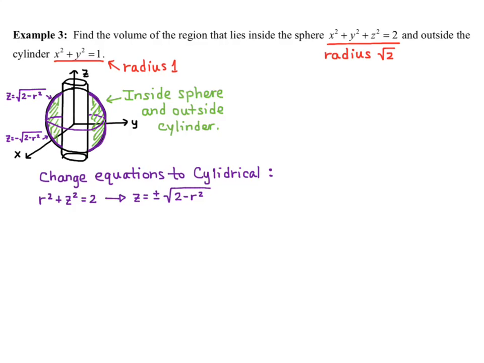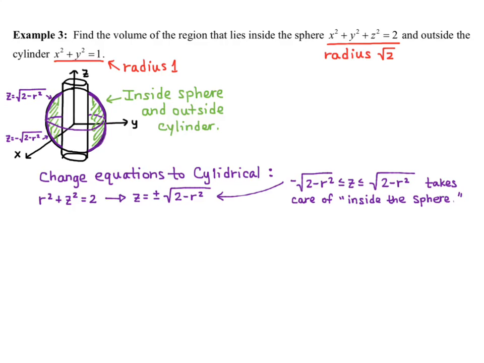I'll take care of that with my r and theta bounds. So I just want to make sure I'm inside the sphere with my z bounds. So I have negative square root of 2 minus r squared is less than or equal to z, less than or equal to positive square root of 2 minus r squared. And this takes care of the inside the sphere part of the problem.